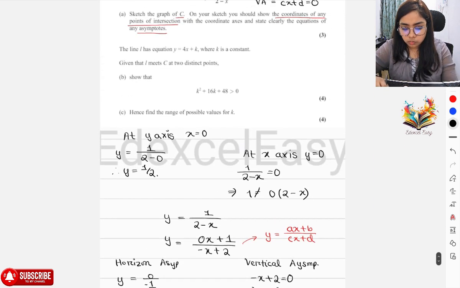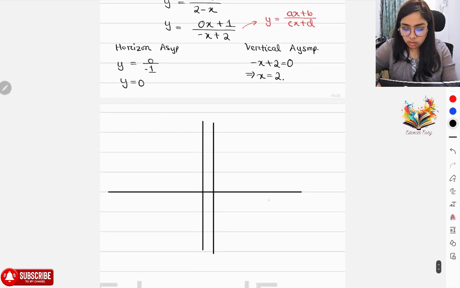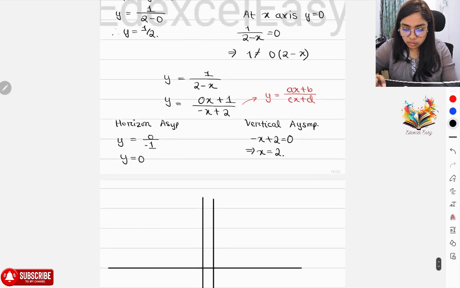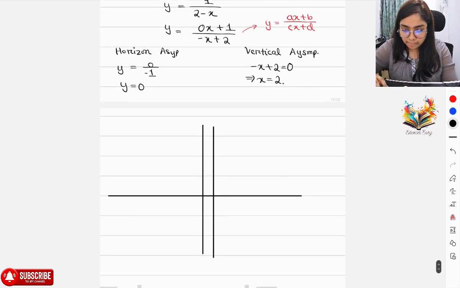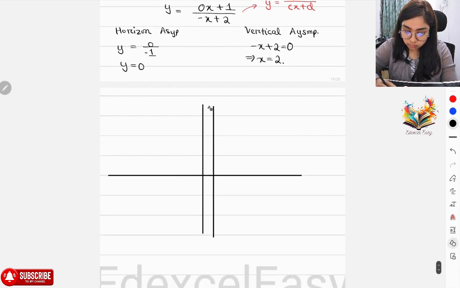These are simple fraction equations, and for such equations the graphs should be like this, over here and here. Another thing, it was cutting the y-axis at positive half. Okay, one minute. Yes, this was actually a negative fraction graph, so this is how the coordinates would be.